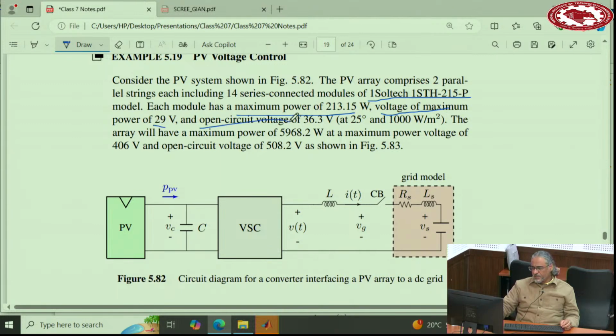The open circuit voltage is 36 at 25 degrees. The array will have a maximum power of almost 6 kilowatts at a maximum voltage of 406. Okay, so if this voltage is biased at 406, you will get the maximum power of 5,968 watts from the panel.